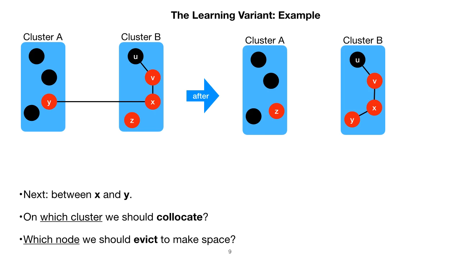Notice that the algorithm made 3 wrong evictions until it made the right one, which was the node Z.